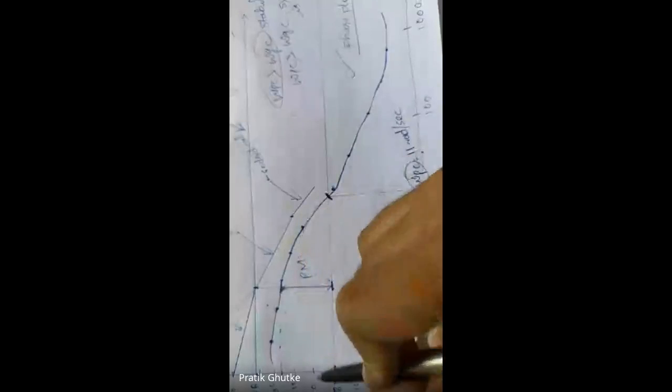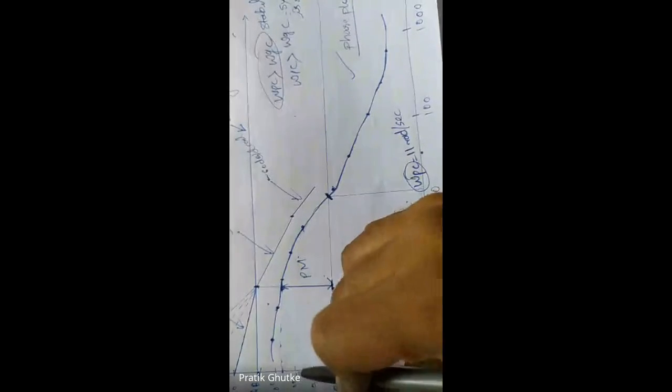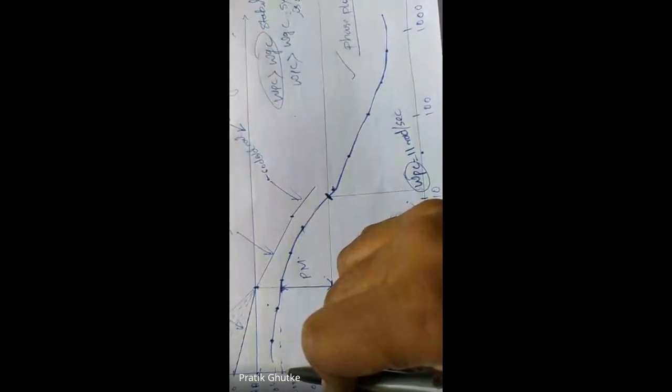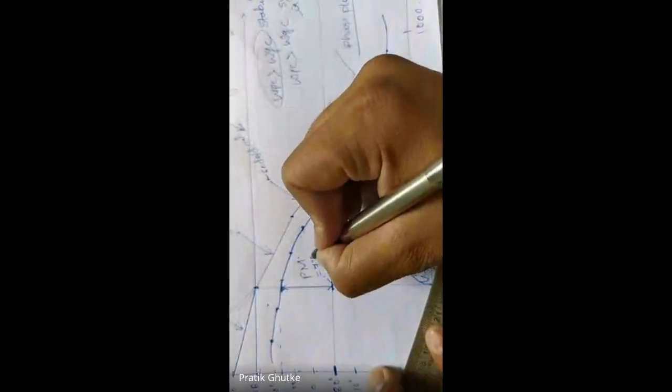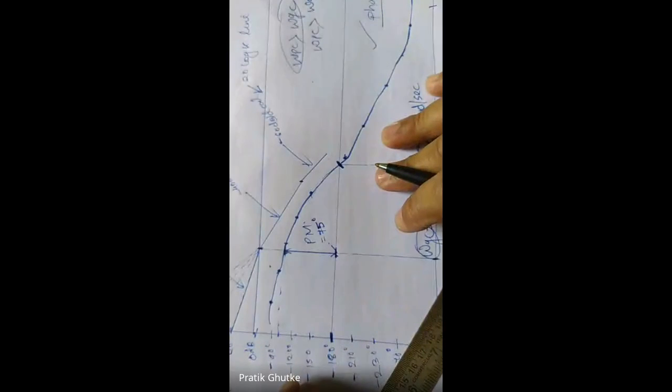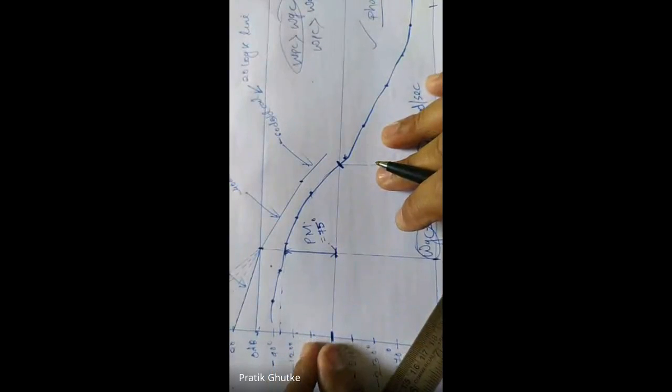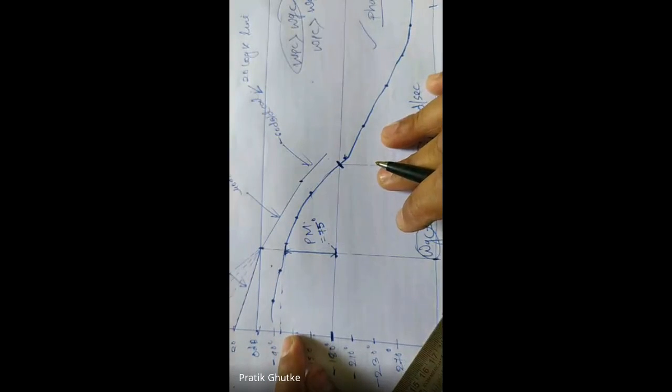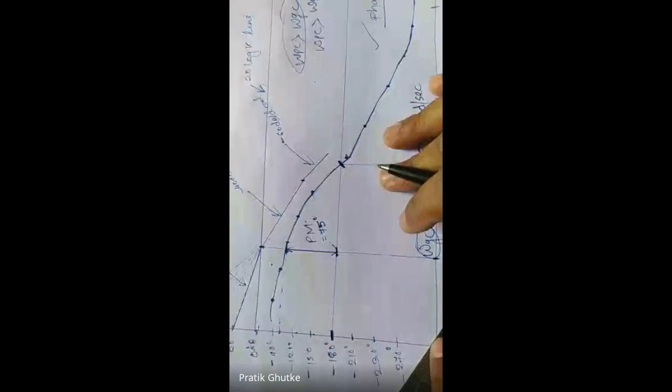So I should mark this: 30 degrees, 60, and then 60 and 15 means PM equals 75 degrees. See this scale: between minus 180 and minus 150 there is a 30 degree distance. Then again between minus 150 and minus 120 there is 30, which means 60, and it lies halfway in the next one, half of 30 means 15. 60 plus 15 is 75 degrees. So my PM, that is phase margin, is 75 degrees.